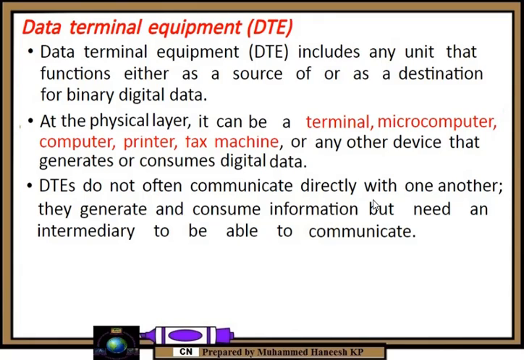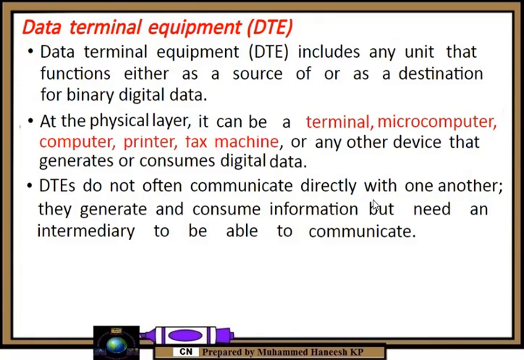That's how DTE works. Customer devices that connect to the telephone company equipment are known as CTE, that is, customer telephony equipment. The demarcation point is the meeting spot of customer equipment, that is DTE, and telephone equipment, that is DCE.